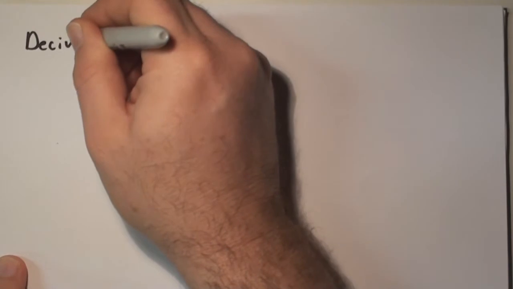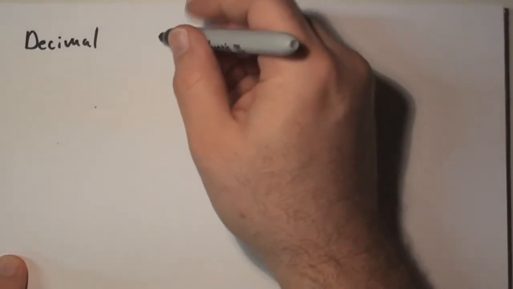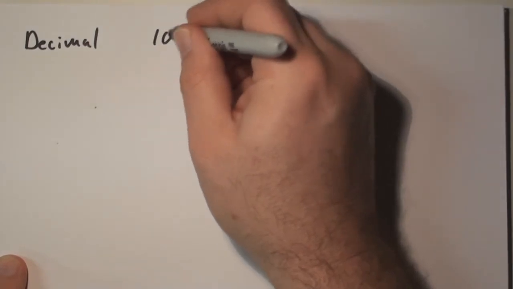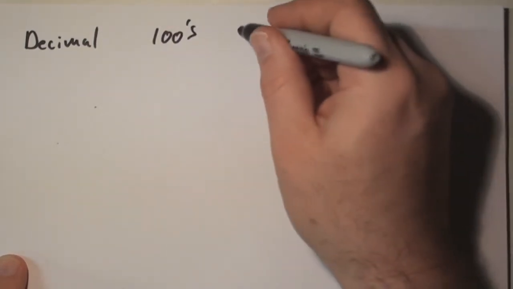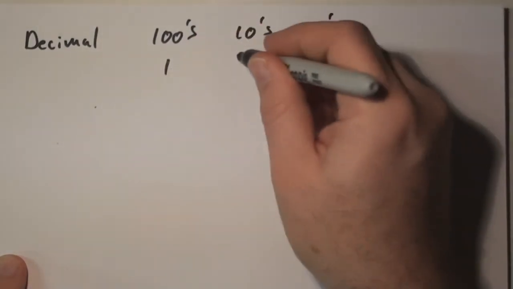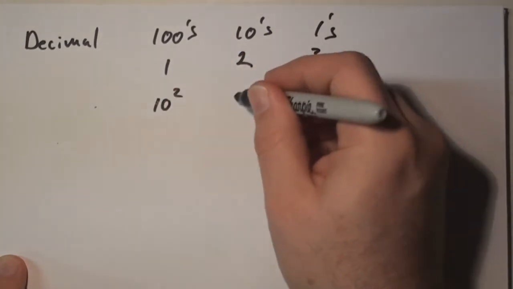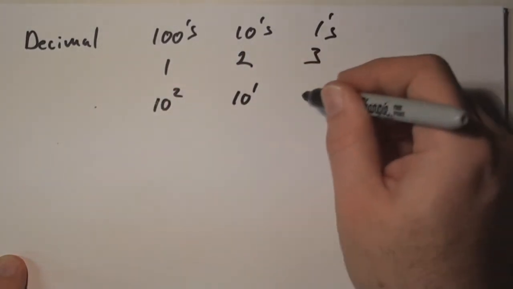So again, in the decimal system, we have such things as the hundreds column, the tens column, and the ones column. And we could express these in exponent form, 10 to the power of 2, 10 to the power of 1, 10 to the power of 0.